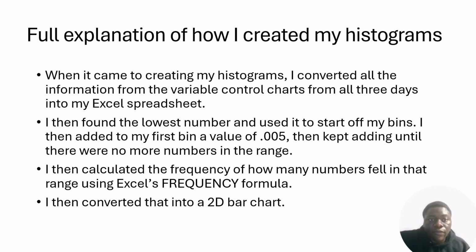I added 0.005 to my first bin value, then kept adding until there were no more values in that range. I then calculated the frequency of how many numbers fell in that range using Microsoft Excel's frequency formula. And to finish it off, I then converted all that into a 2D bar chart.